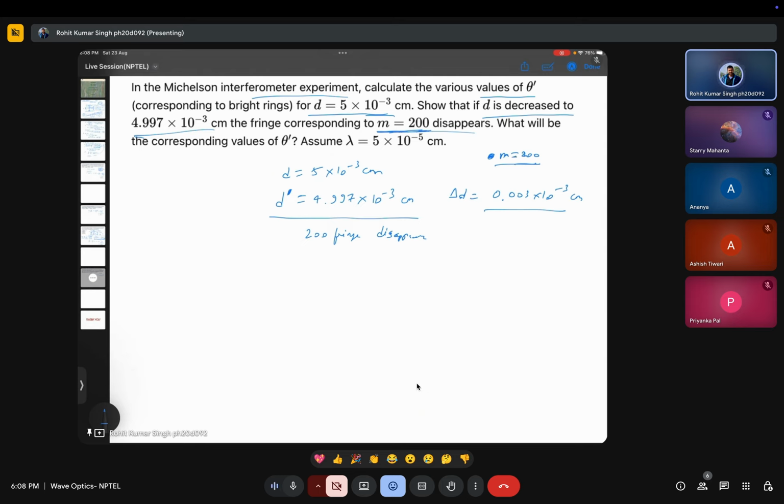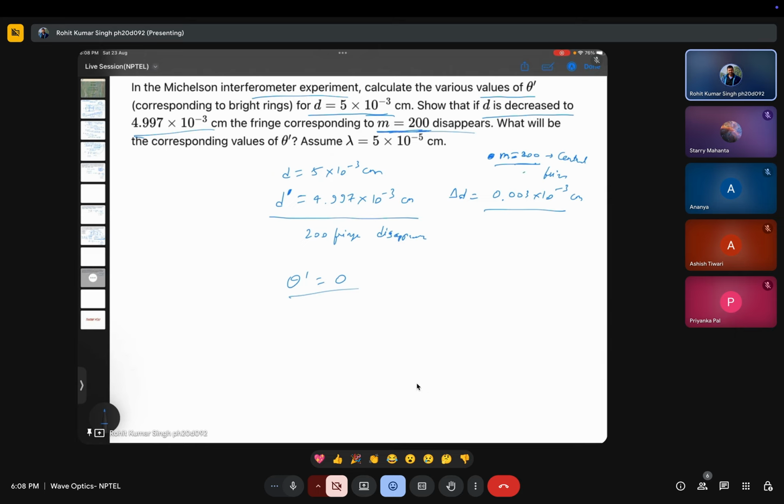Because fringes collapse in the center, this should be the central fringe. But we can check that. No, because then theta prime would be just 0, if this is the central fringe.